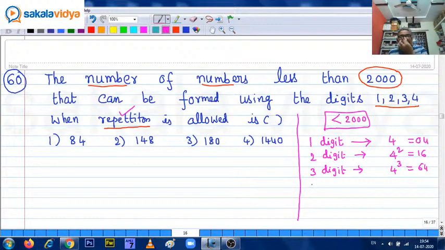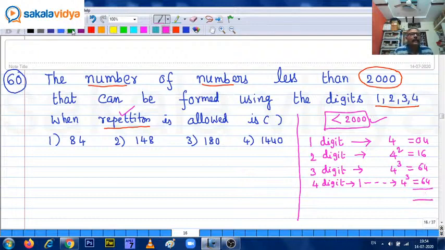Next, don't write all the 4-digit numbers because this condition is important. We need to keep in mind the 4-digit numbers which begin with 1. The remaining 3 places can be filled in 4 cube ways, 64. Total we need to add, that's all.